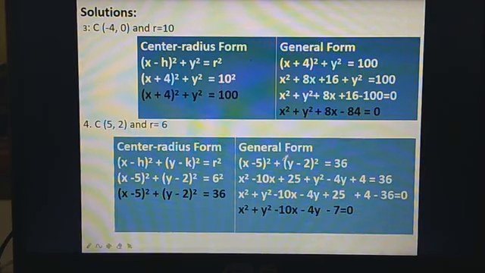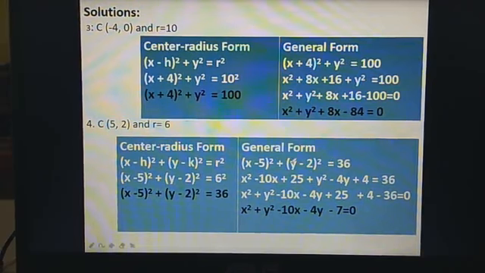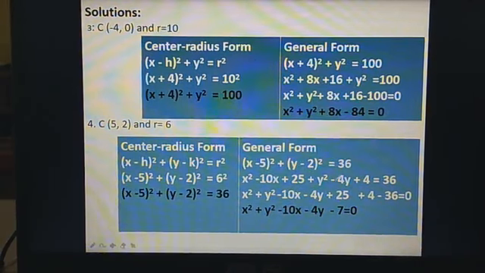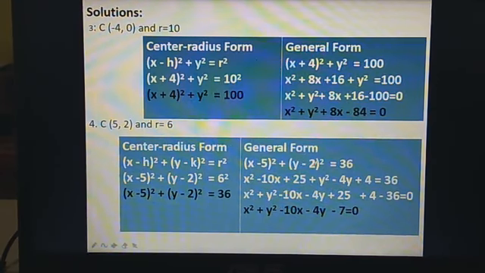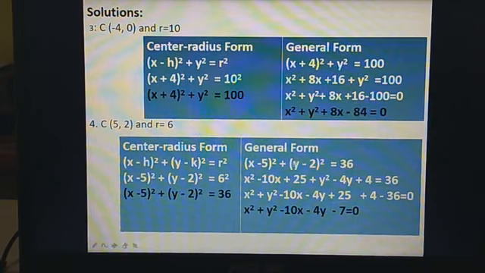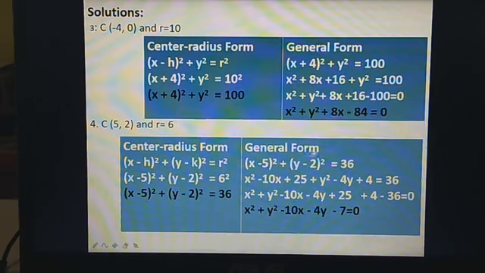Plus, let's do the same here. Squaring the first term, so we have y squared. And then, y times negative 2 is negative 2y, and then twice it, negative 4y. Then, for our third term, square negative 2, so we have positive 4 equals 36. And then, let's make the right side 0.